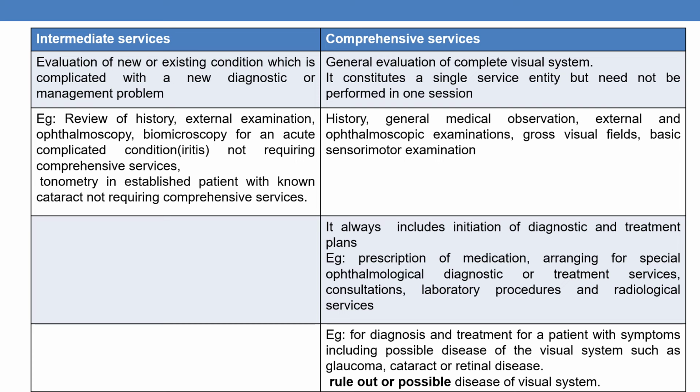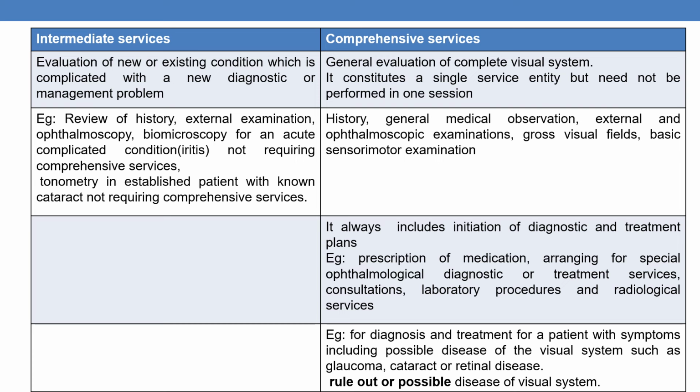Now coming to comprehensive services, it involves general evaluation of the complete visual system. It constitutes a single service entity but need not be performed in one session. This is an important point. The comprehensive services need not be performed in one session. They can take 2 or more sessions.